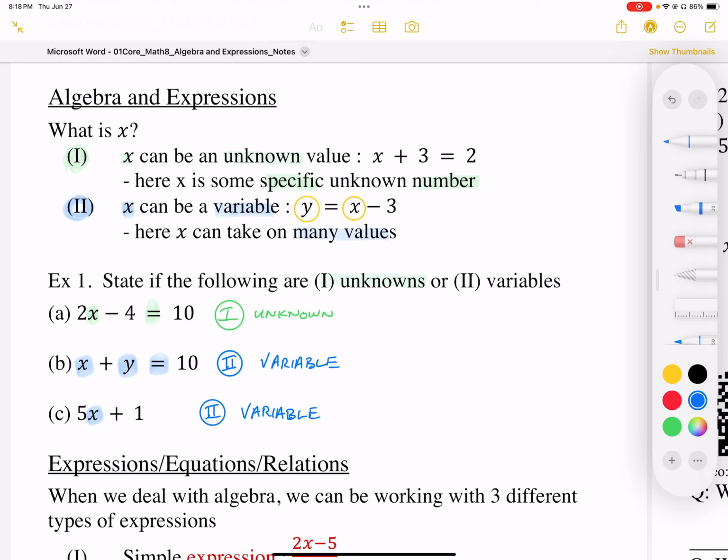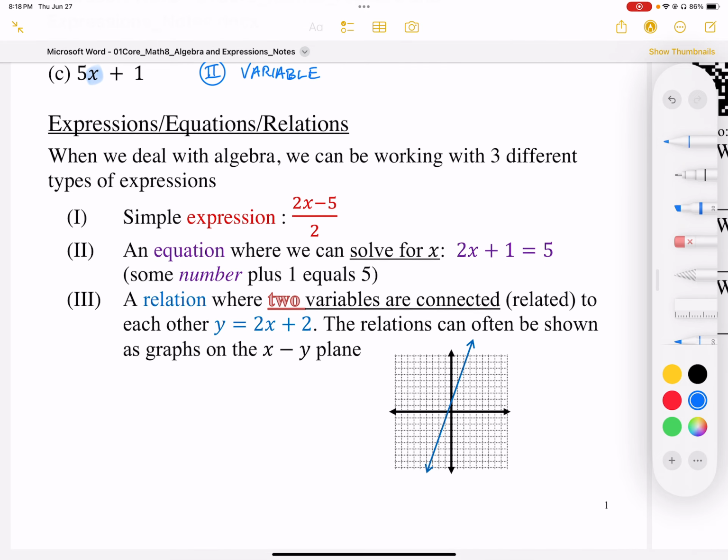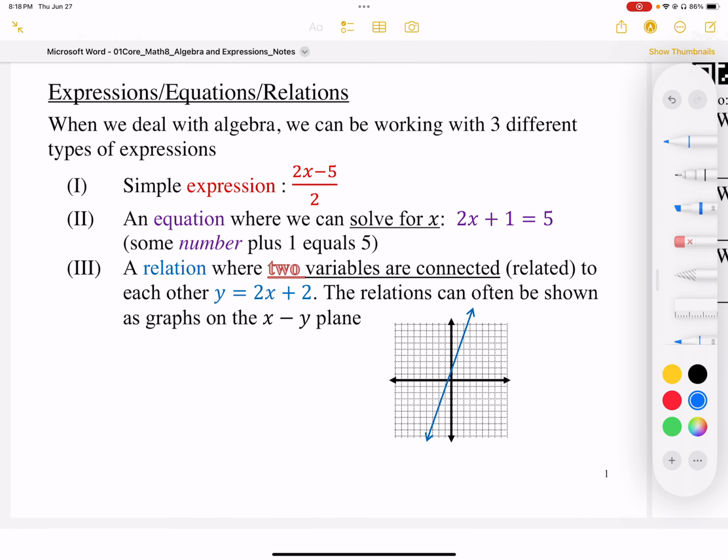So we have to identify if x is an unknown, some specific unknown number, or if x is a variable where x can change and take on many values. The other thing that we have to be able to identify is when we're dealing with an expression versus an equation versus a relationship. So in algebra, we are looking at these three different types of things. So we can have just an expression.